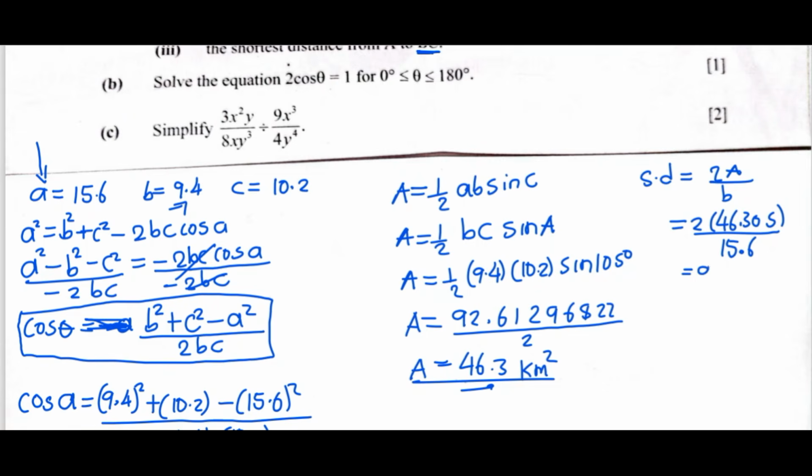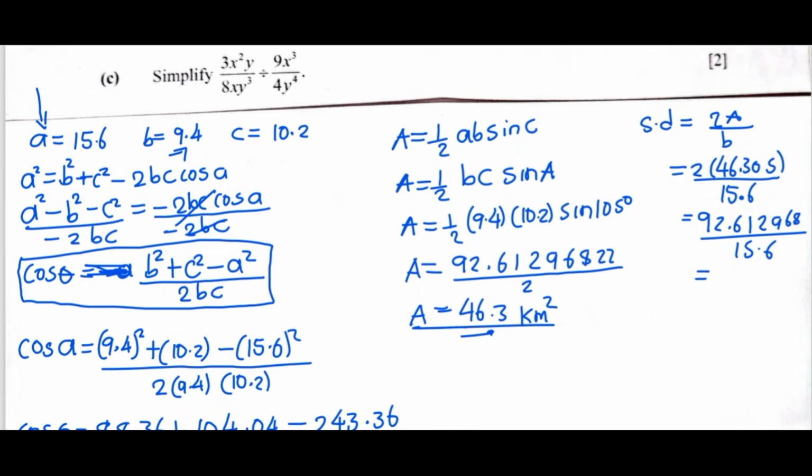So here we have 92.612968 over 15.6. So we divide by 15.6. So our answer is just 5.9 kilometers. So this is our shortest distance.